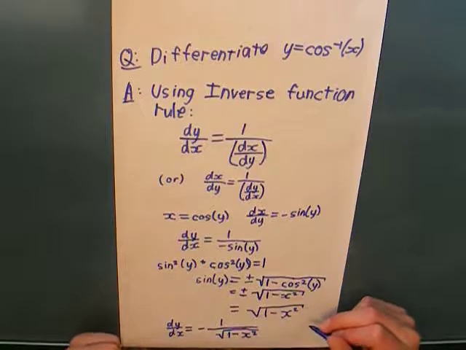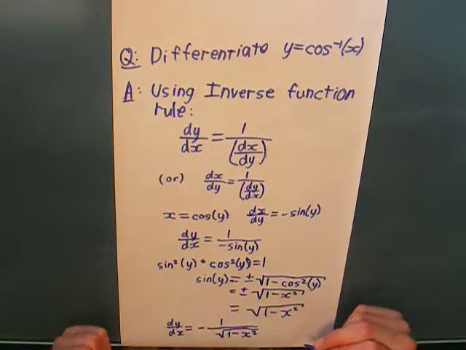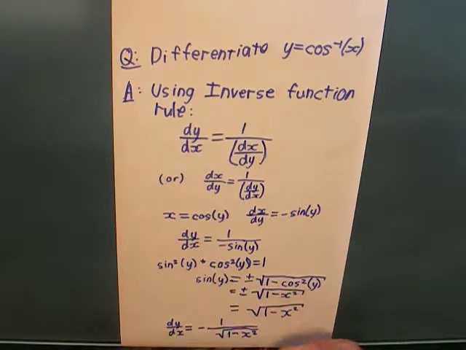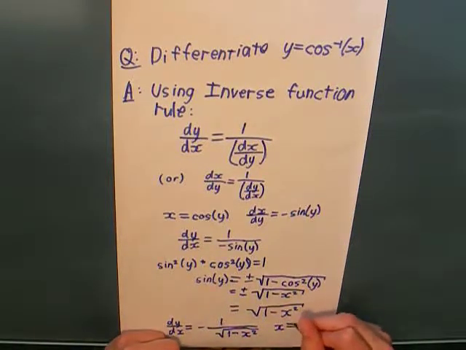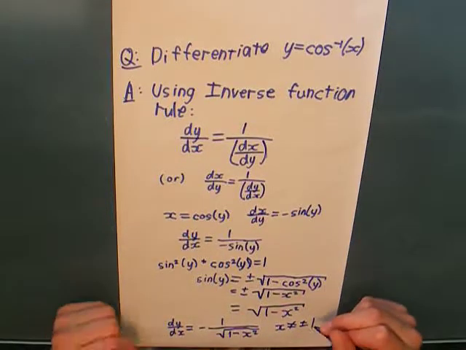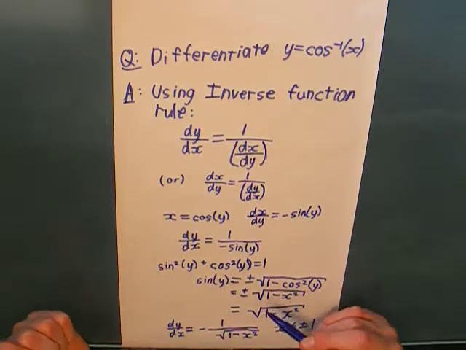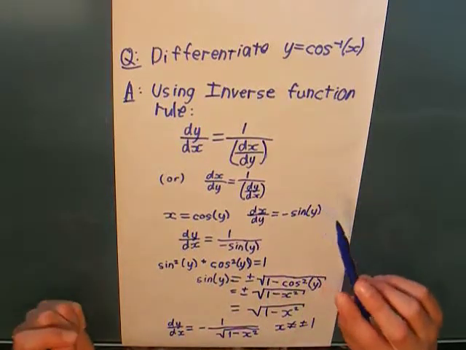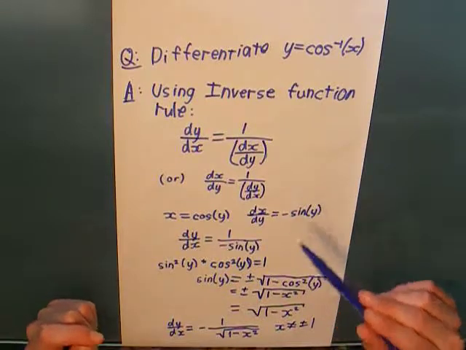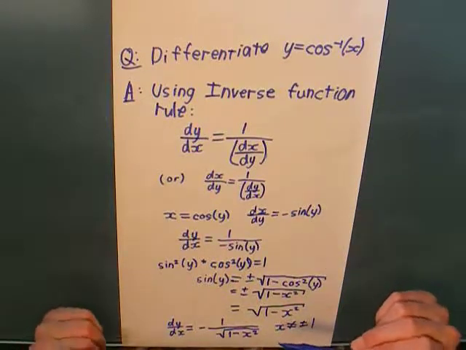And this is, of course, provided that the denominator is not 0, that is x not equal to plus or minus 1. Right, so that is the answer. Now, you can check this answer because cos to the -1 of x is pretty much a standard derivative, so you could look this up online and check the answer was right in this case.